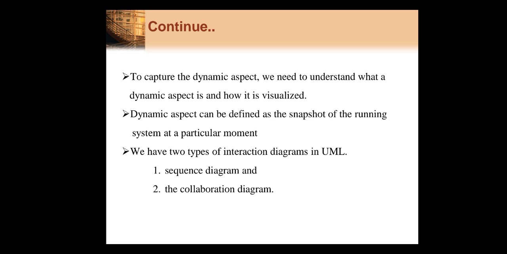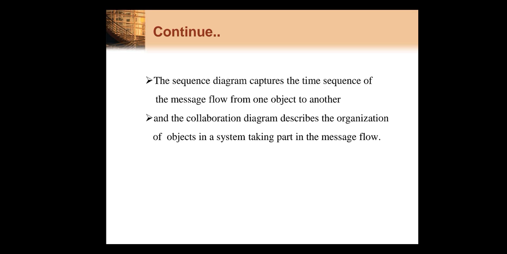And we have two types of interaction diagram for representing this interaction: a sequence diagram and a collaboration diagram. The sequence diagram captures the time sequence of the message flow from one object to another object. Continuously, it will represent the time sequencing of the messages. If there are four parties involved in the interaction diagram and the first is talking with the second, then it will represent that message first.